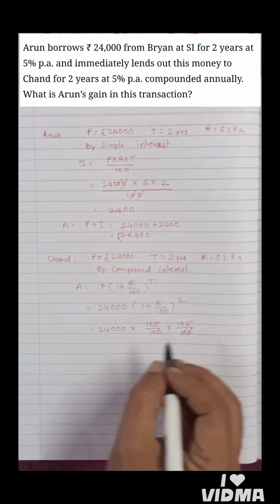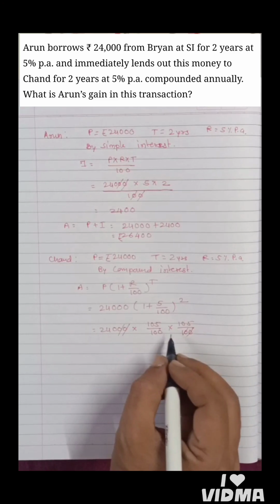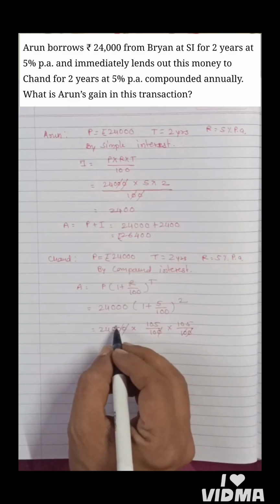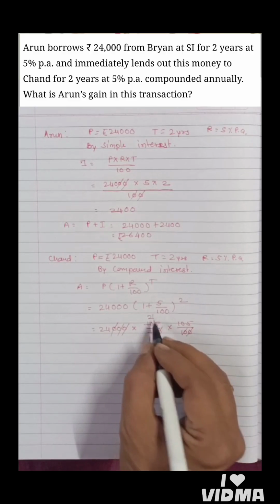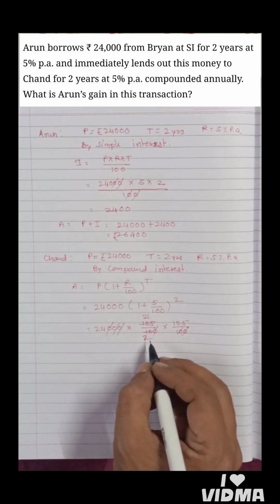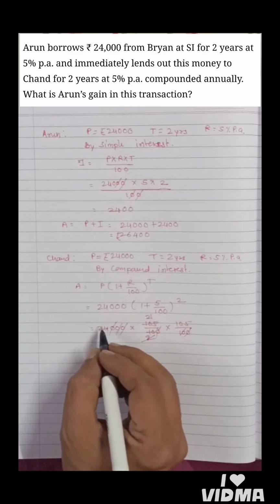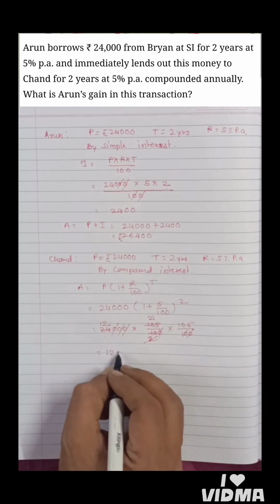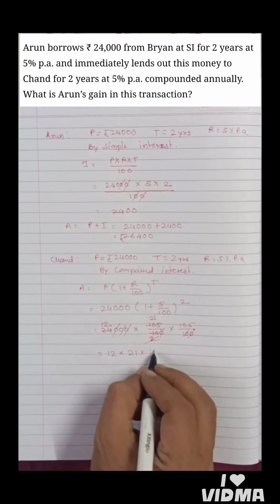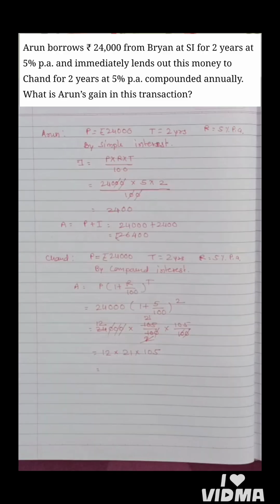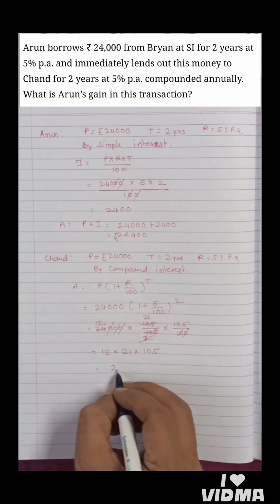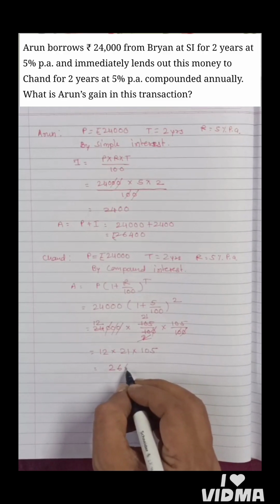So 2 zeros get cancelled, one more 0 will cancel. And this is 5 twos are 10, and we'll cancel this by 2. So this is 12 into 21 into 105. So this amount we are getting as 26,460.